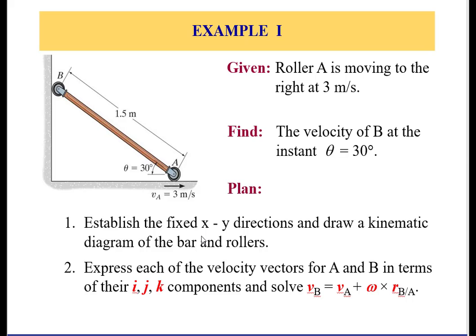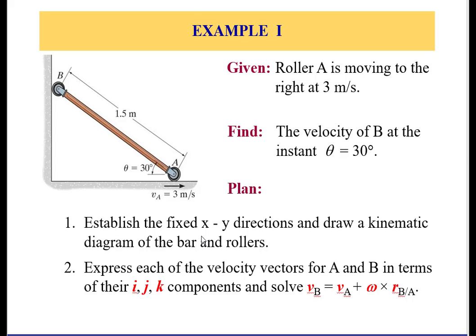This is a vector. Also, because point B is rolling downward, we can assume that VB equals negative VB j, where VB indicates the magnitude and negative j means it's going downward.